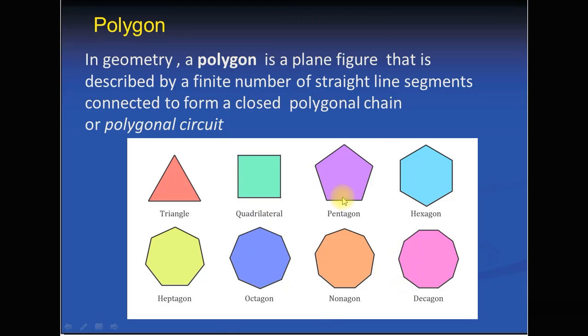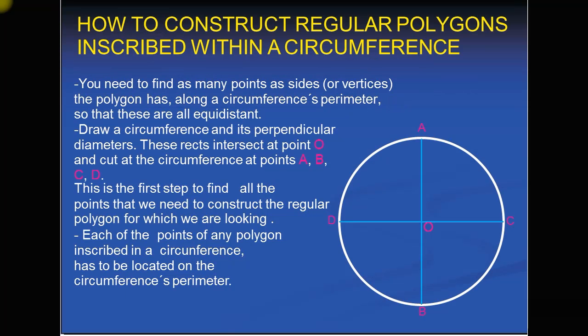So dear students, you see here these are different types of polygon in which line segments are connected to form a closed polygonal chain. Now the next question is how to construct regular polygons inscribed within a circumference.